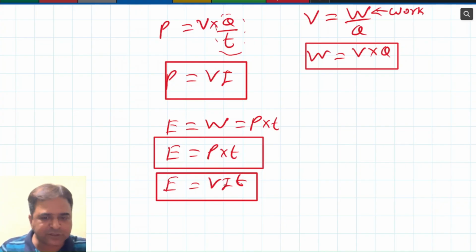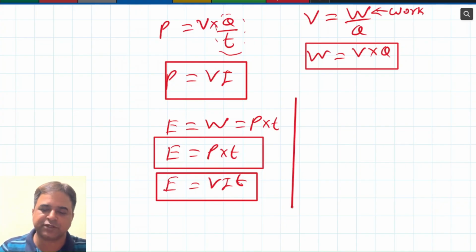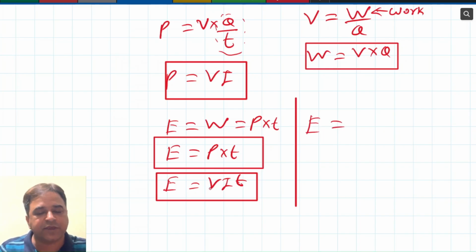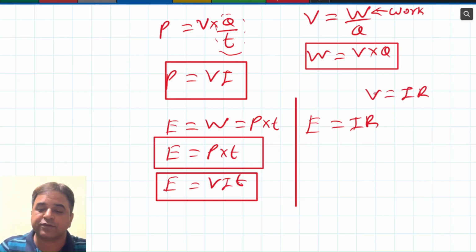Further, you can also do substitution, like energy is equal to V into I into T, where V is equal to IR according to Ohm's law. This we already know.